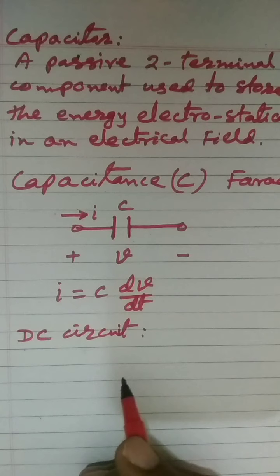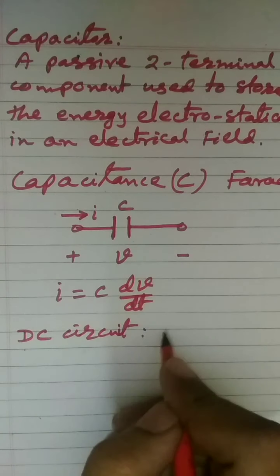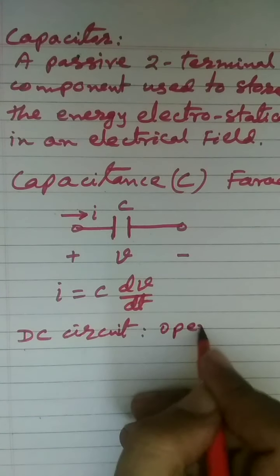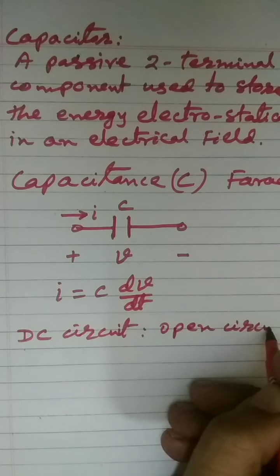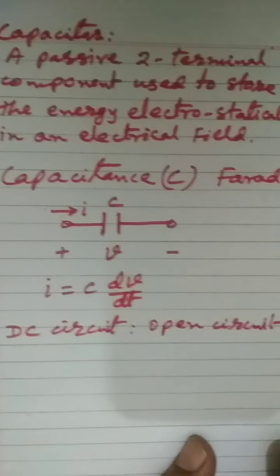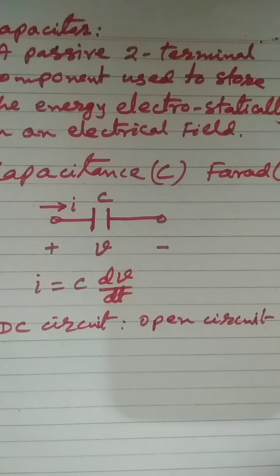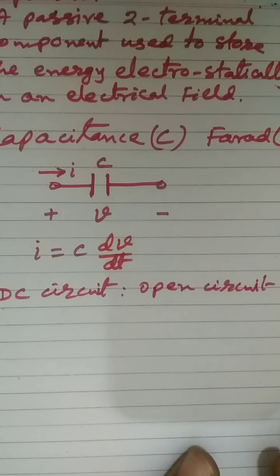That means it will work like an open circuit, because in open circuit no current can flow. So from this point we can conclude the behavior and function of the capacitor. It is basically used to pass the AC current, and it can be used to block the DC current.